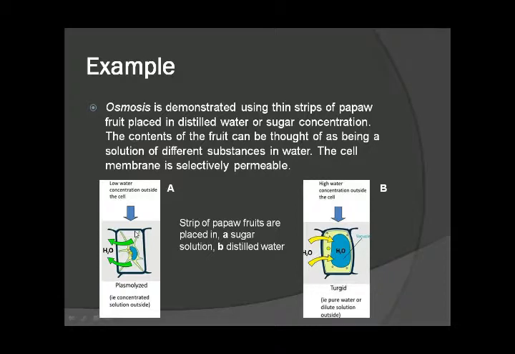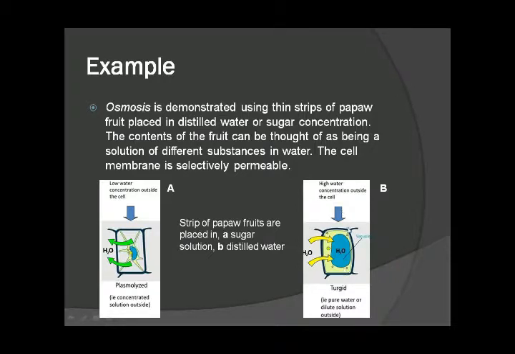So by osmosis, which is the movement of water particles through a selectively permeable membrane from an area of higher concentration to lower concentration, the water inside the cell will move out into the sugar solution, leaving the papaw strips to shrink.